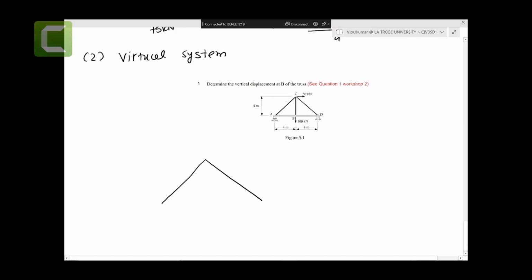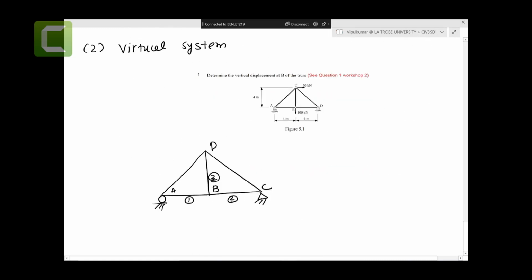This is my truss. All the supports are there, roller supports, pin supports. We have B, and I think we put C here before, so let's keep it consistent with our previous figures. We have number 1, number 2, number 3, number 4 and number 5. We just keep it consistent with our real system and virtual system. We don't want to change it.